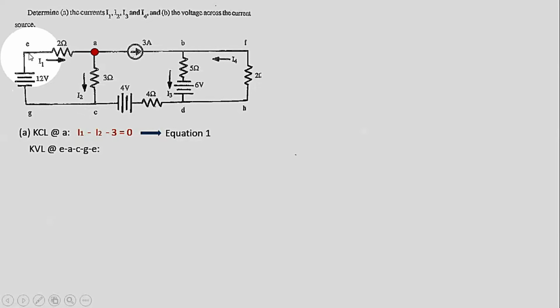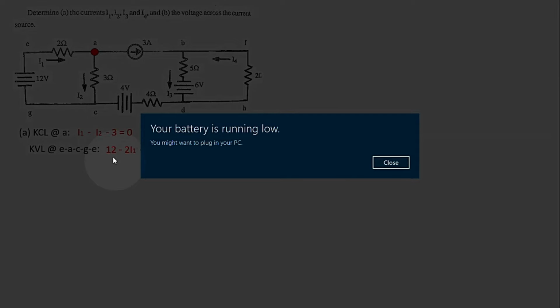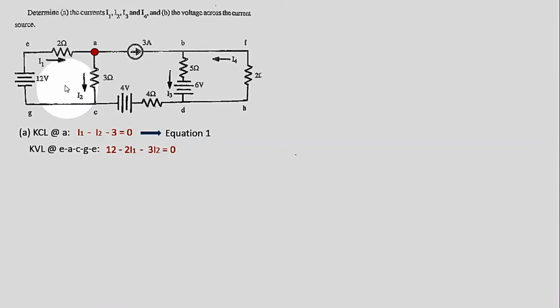So if we are going to take this path, the parts that we encounter, if it is rising, it will be positive, and if it is dropping, it will be negative, considering the voltage on those elements. So we have here the voltage source, which is 12 volts.